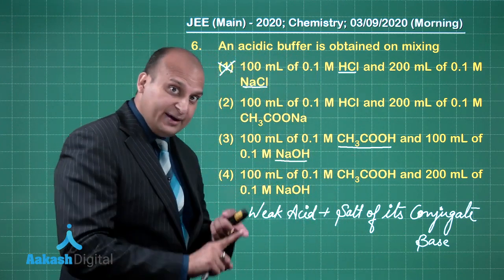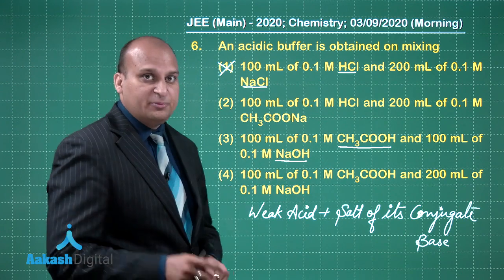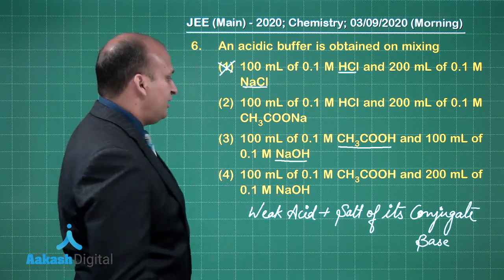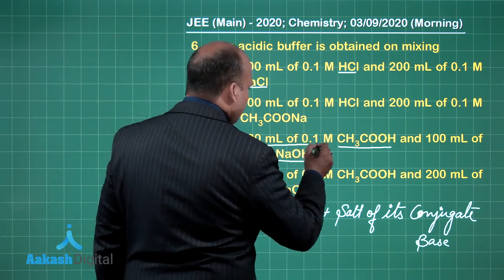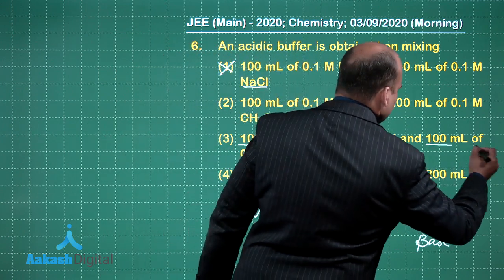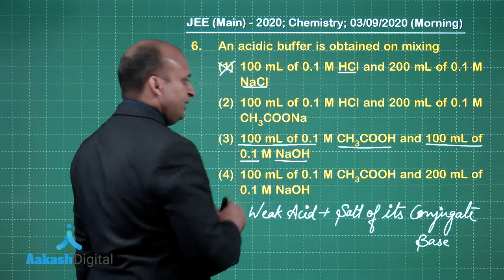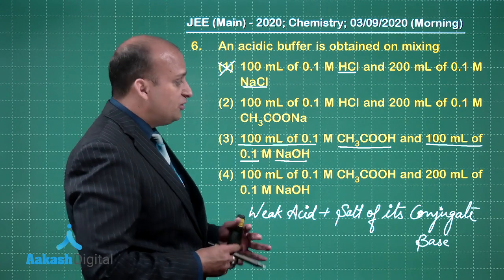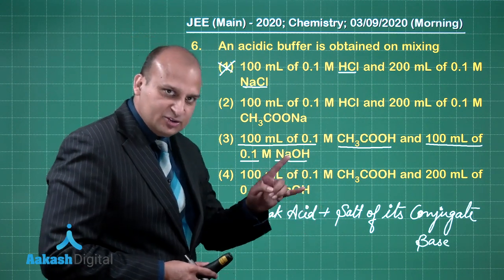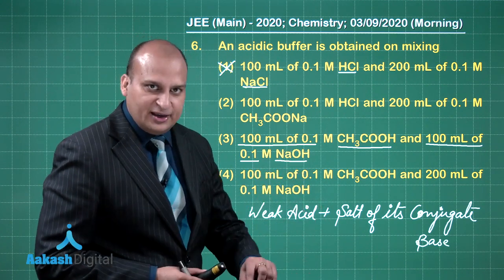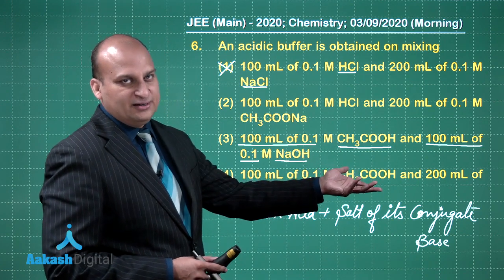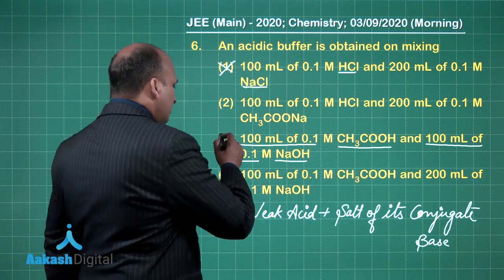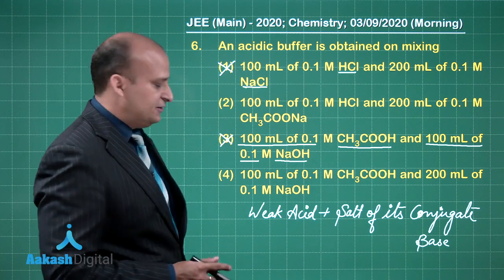So, you can get the weak acid and its conjugate base, but here you have to pay attention to the millimoles. You see, they are the same. Okay. So, you will only get the salt, that is CH3COONa, no acid would be left over here. So, even this is not giving you the buffer.